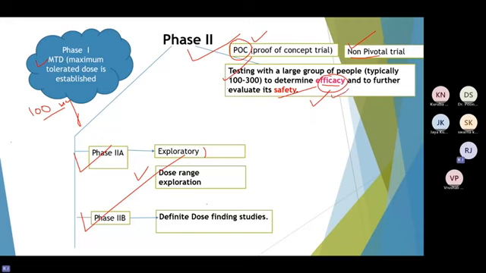So it's very linear. In phase one we determine the maximum dose a person can tolerate. After knowing that, we test different dosing to determine the best dose which is showing effect, in phase 2.